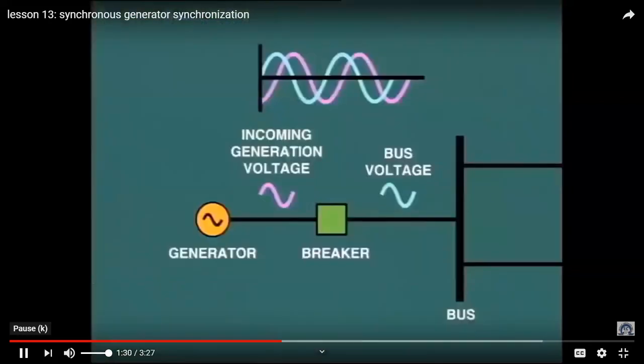Of course, the great surge of power would be detected and the breaker immediately opened by protection devices. In order to provide the correct conditions for synchronization, we need to very gently adjust the speed of the incoming generator so as to bring it into phase with the bus. At the moment that the two are in phase, the breaker should be closed, and the unit will then lock into synchronism with the power system.